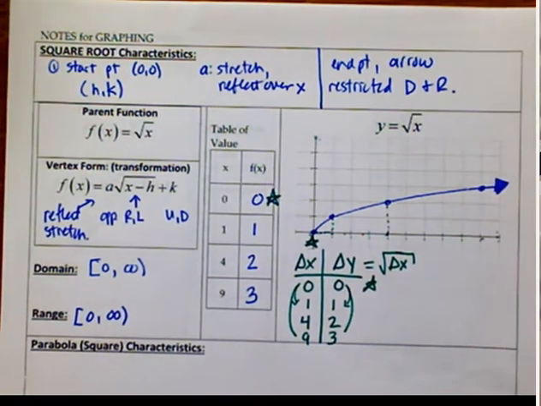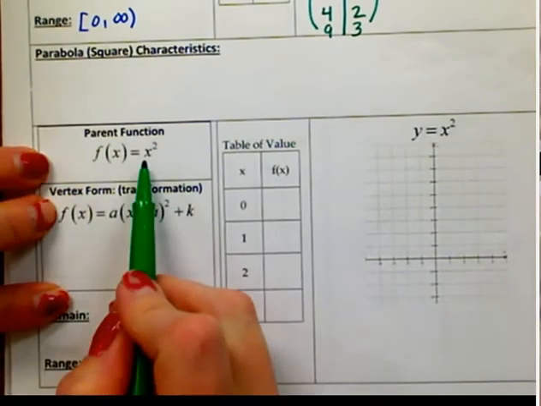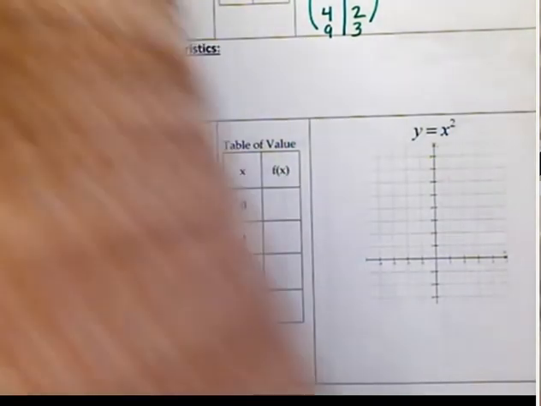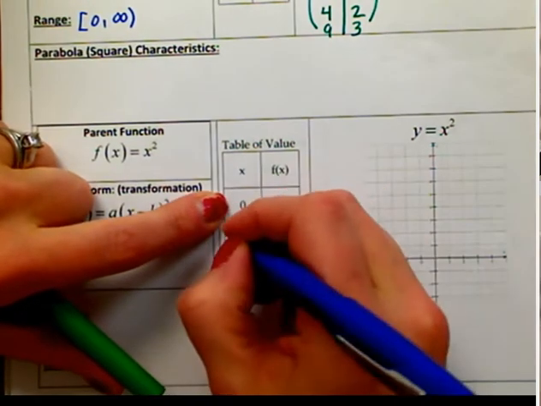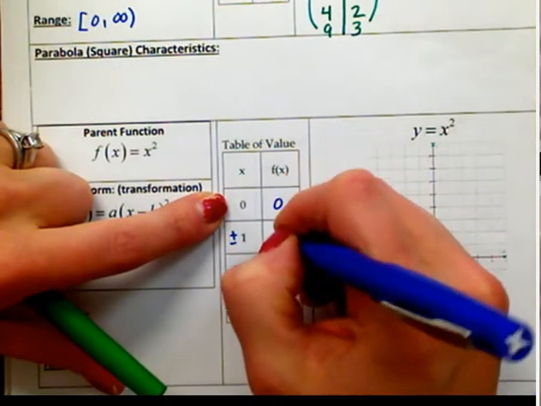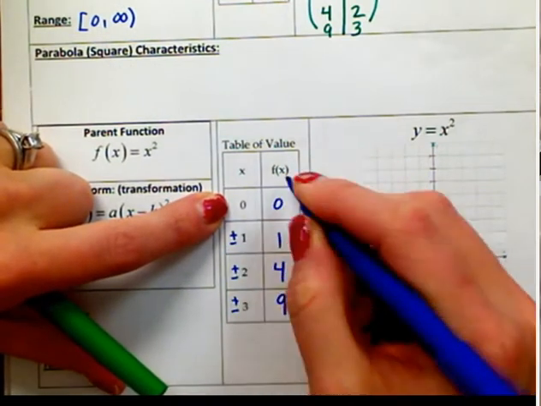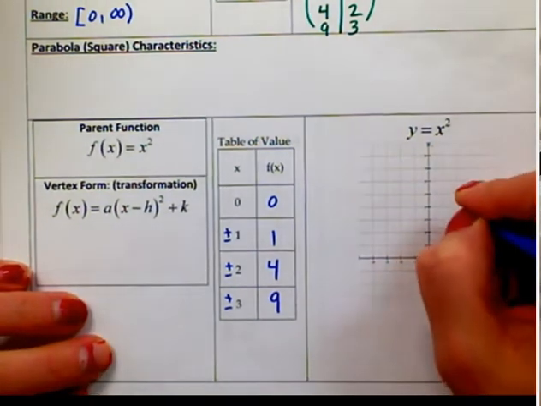Okay, so let's go and figure out what our review parent function is. X squared. Okay, now I only gave you 0, 1, 2, and 3, so I'm going to go ahead and put plus or minus here. Notice that the output values are the same. Let's go ahead and plot our points.